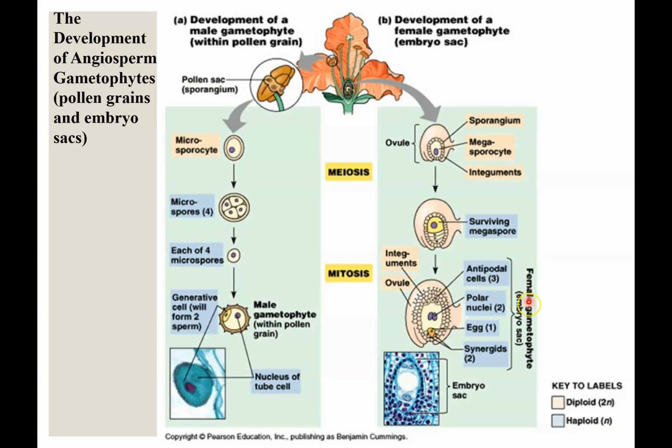The female gametophyte, known as the embryo sac, is going to be made of these cells called the antipodal cells. There's 3 of them. Then we have 2 polar nuclei in the center. We have 1 egg cell, and we have 2 cells that surround the egg cell, known as the synergid cells. And this whole structure is known as the embryo sac.